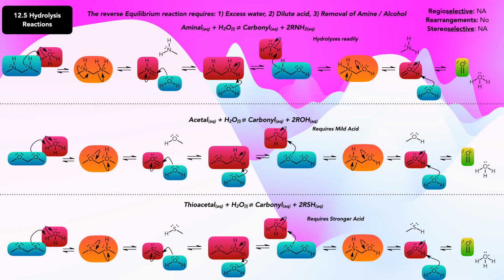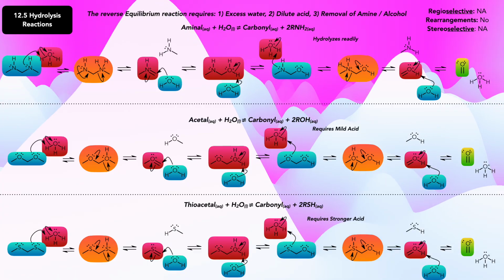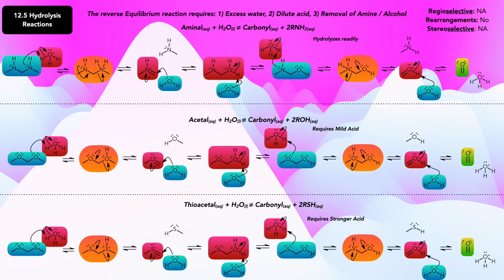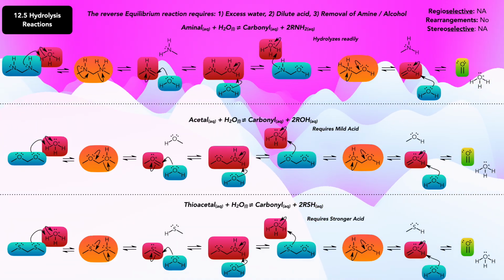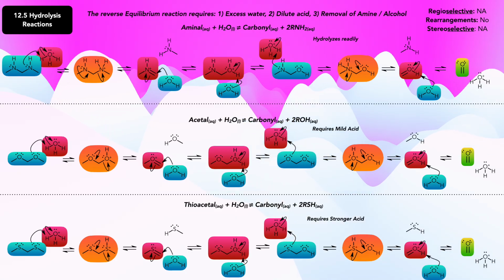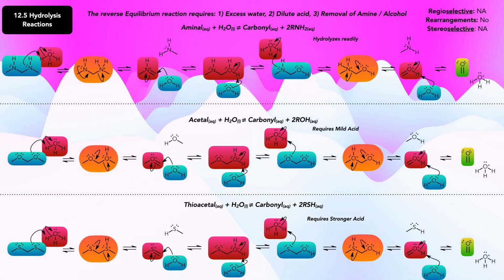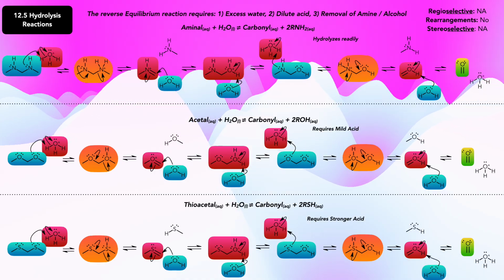But now we turn to hydrolysis and undo everything. These are the reverse reactions of the reactions we have covered so far. The key rule is we use excess water, dilute acid, we remove alcohol or the amine, and we drive the reverse equilibrium.